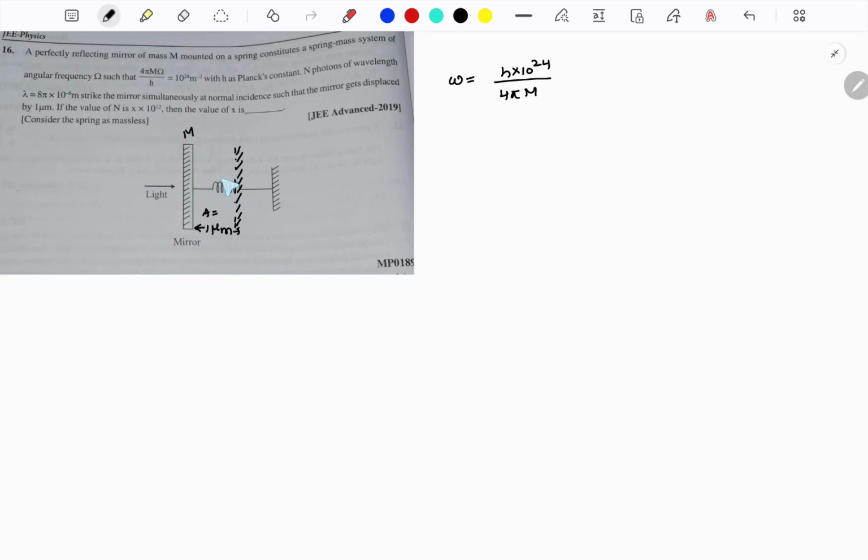See, in this question, k is not given, so the use of law of conservation of energy is out of question. We cannot use it here.